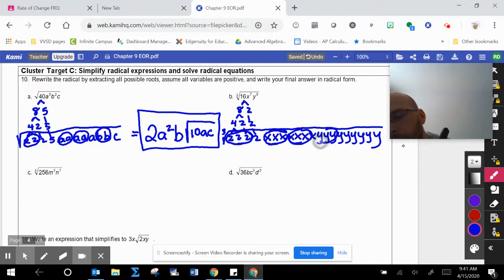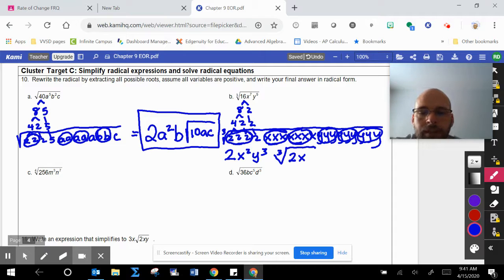I have a group of 3 y's. I have another group of 3 y's, and I actually have a third group of 3 y's. Okay, so let's see what we got here. So my answer, I had a group of 2's. I had 2 groups of x's. I had 3 groups of y's. And then on the inside of my cube root, I had still a 2 and an x. And this would be my final answer.